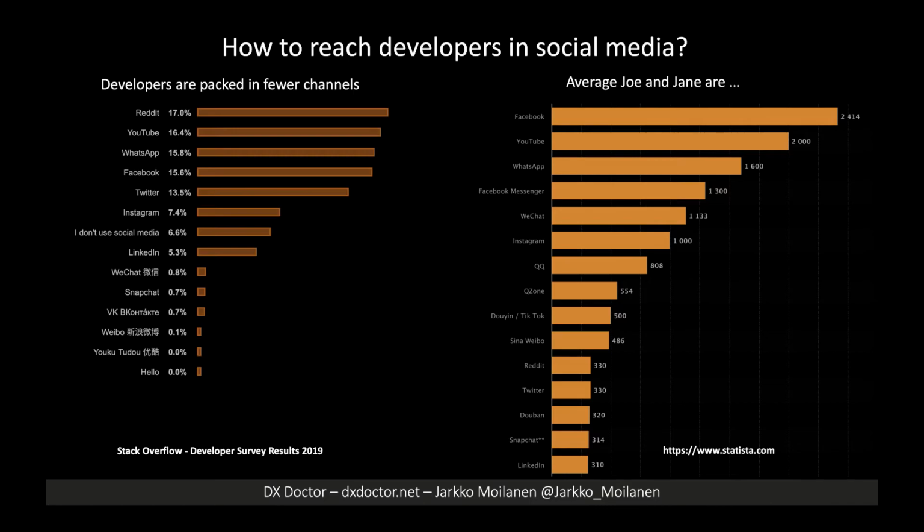So reaching them from YouTube seems more plausible. But anyway, the diversity in the B2C market is bigger than it seems to be in the developer segment. So keep that in mind when thinking about how to reach the developers.